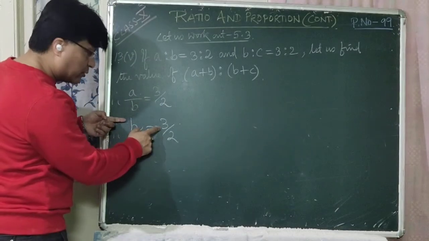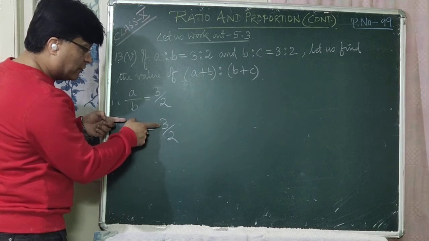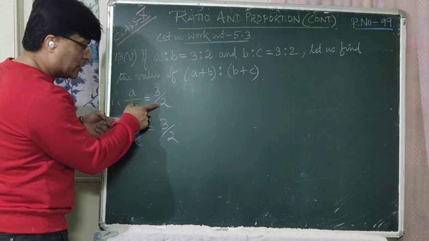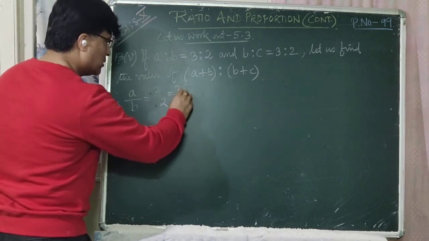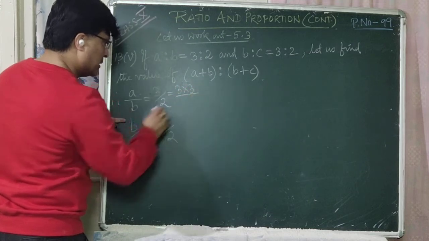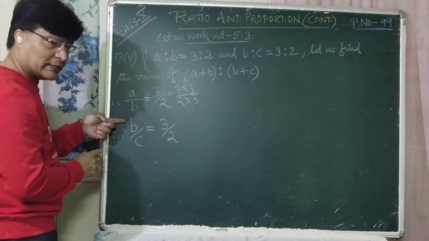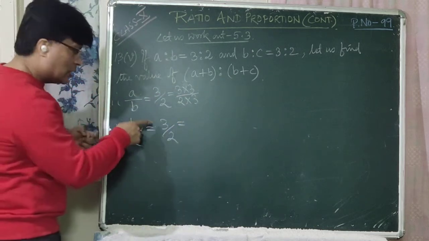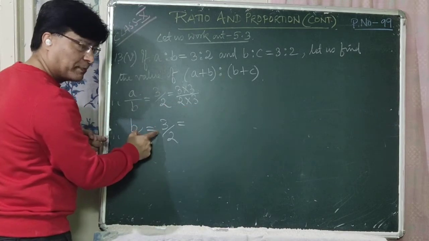Now, this b is equal to 2 here and this b is equal to 3 here. Let us make this equal. So if it is 3, you should multiply this 2 by 3. If you multiply 2 by 3, you have to multiply this numerator by 3 also. That means 3 into 3 divided by 2 into 3. Is that correct? 3 gets cancelled and you get 3 by 2 is equal to, now this 3 should be multiplied by 2 to make it 6 same.